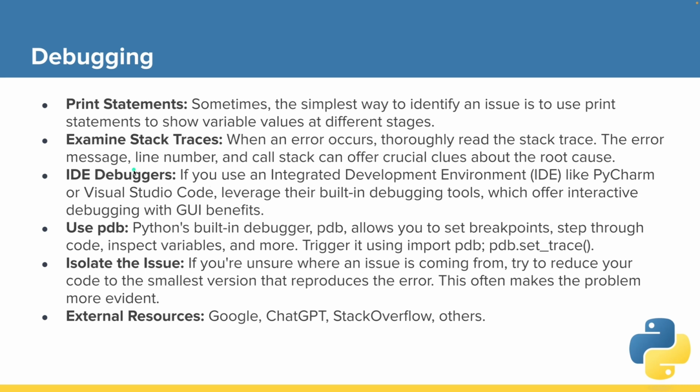It can often tell us things like the error message, line numbers, and the call stack that offer clues about the root cause. When we see an error, our first instinct may just be, oh, what's the error? But if we dig a little bit deeper and read that stack trace, that can be very helpful.